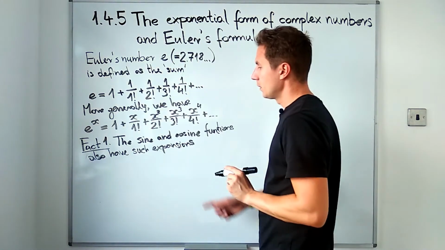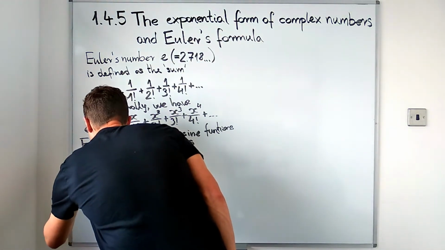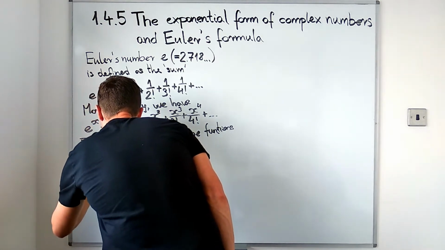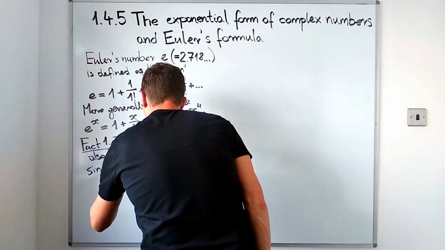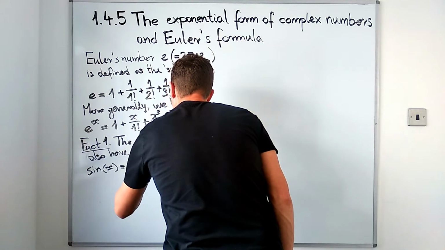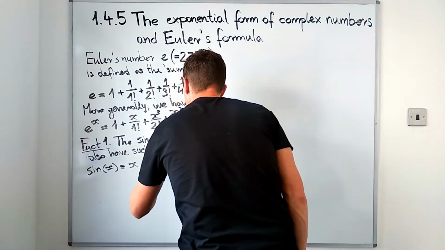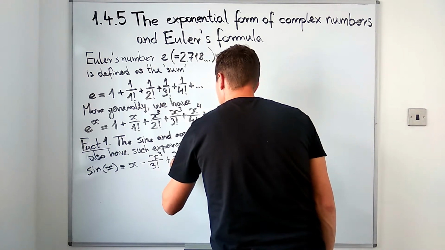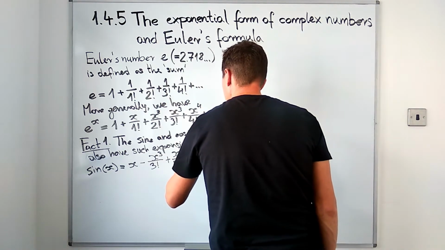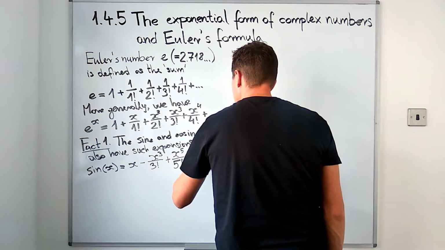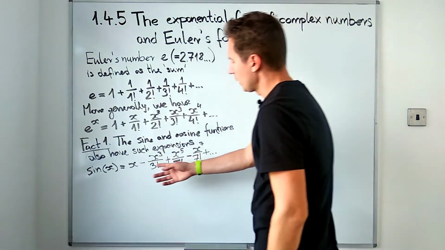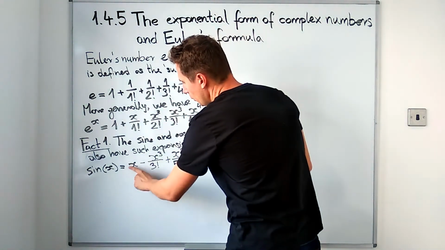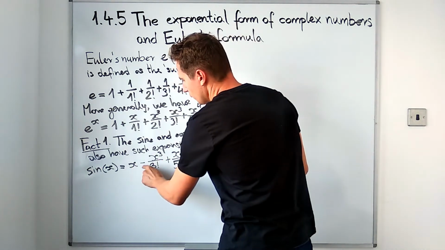Namely, for the sine of x, we have the following. We have x minus x cubed divided by 3 factorial plus x to the 5th power divided by 5 factorial minus x to the 7th divided by 7 factorial plus and so on. So what's happening is we are taking odd powers of x with alternating sign.